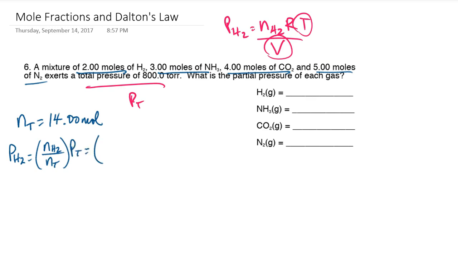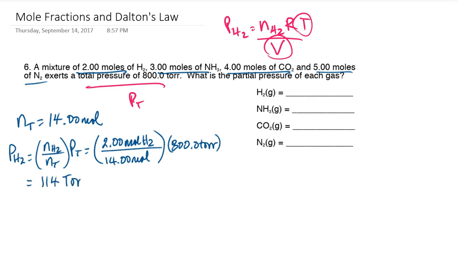So for the hydrogen, that would be 2 moles of hydrogen over 14 total moles over all the components, times the total pressure, which was 800 torr. Okay, if I do that math, then I get 114 torr. Okay, if I follow a similar approach, I could do the same for the ammonia.